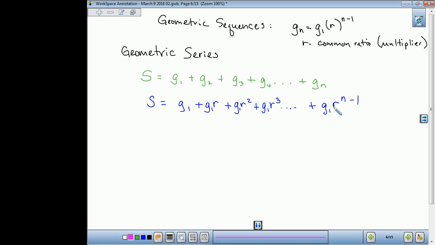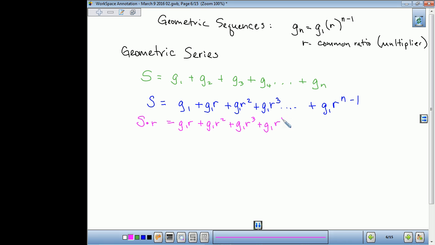Now, this is going to look crazy, but it's crazy awesome. I'm going to take this whole line and repeat it up under here, except I'm going to multiply everything by r. So I'm going to multiply s times r. I'm going to multiply this first term times r, the second term times r, the third term times r, the fourth term times r.